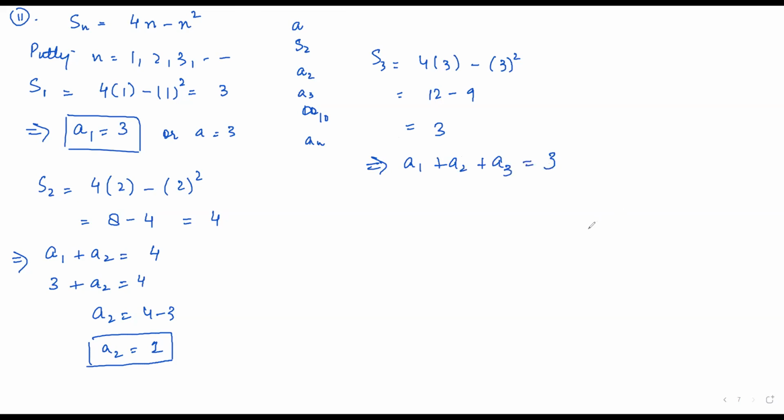Clear? Because sum of 3 terms is 3. So 1 and 2 I've already found. So 3 plus 1 plus a3 is equal to 3. So 4 plus a3 is equal to 3. And a3 is 3 minus 4, that is minus 1. Clear? So I have got a1, a2, a3.